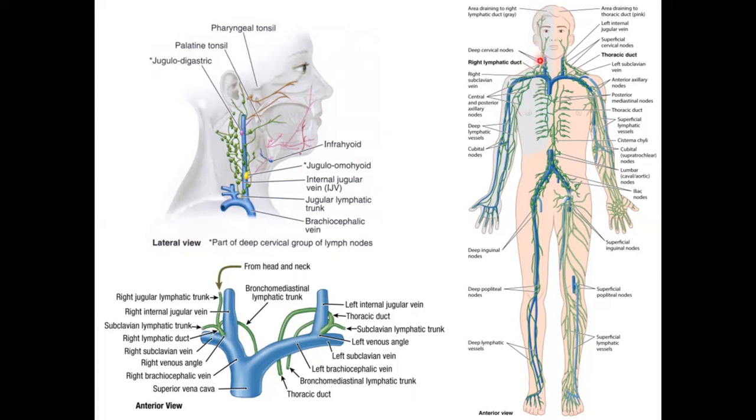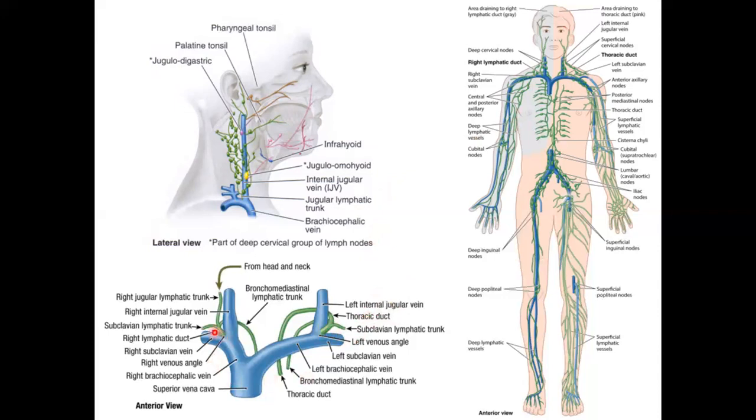So the right side of your head, the right side of your neck, the right side of your chest, and your right upper limb all drain into this right lymphatic duct, which you can see better here. Versus 75% of your body. So both of your lower limbs, your left upper limb and your left chest and the left side of your head and neck, that's draining into the thoracic duct here. So 75% versus 25%, you have to know that distinction because it's a very easy thing for them to test you on.